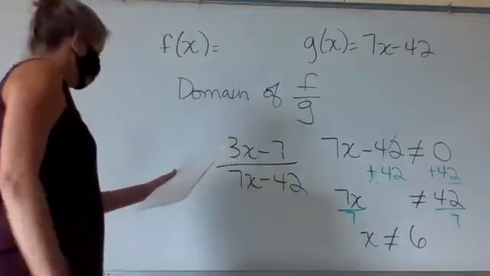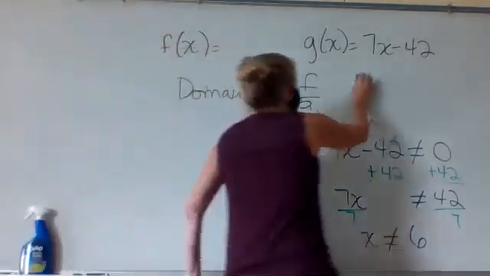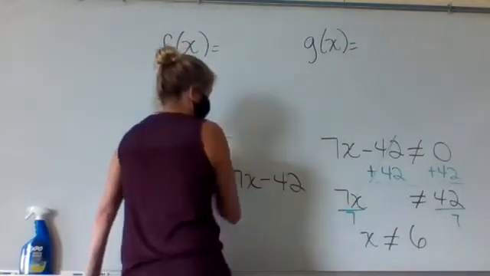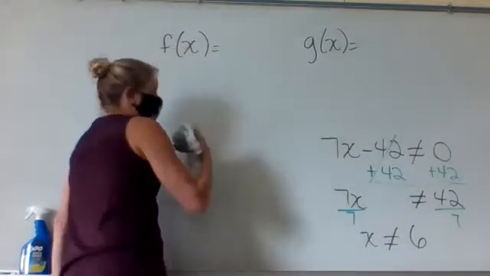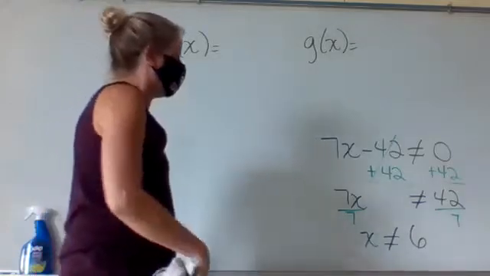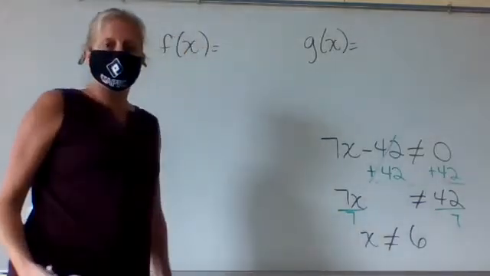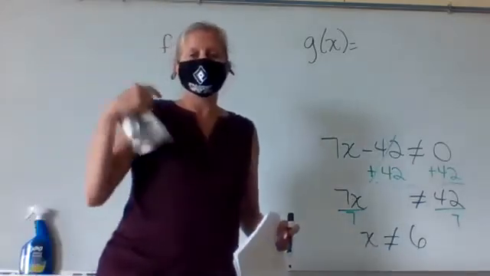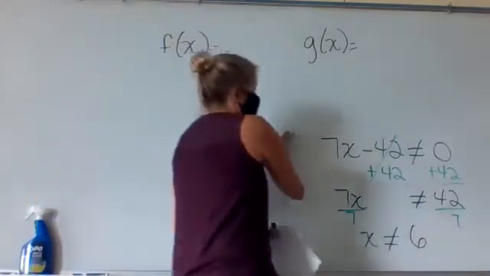All right, going into number 16. This is when we moved into section 9.1 and we did the composition of two functions. So we've added, we've subtracted. Now we're going to find the composition of two functions.